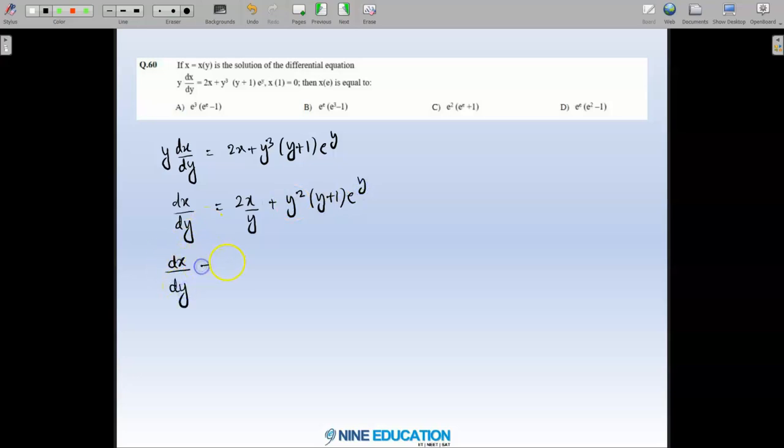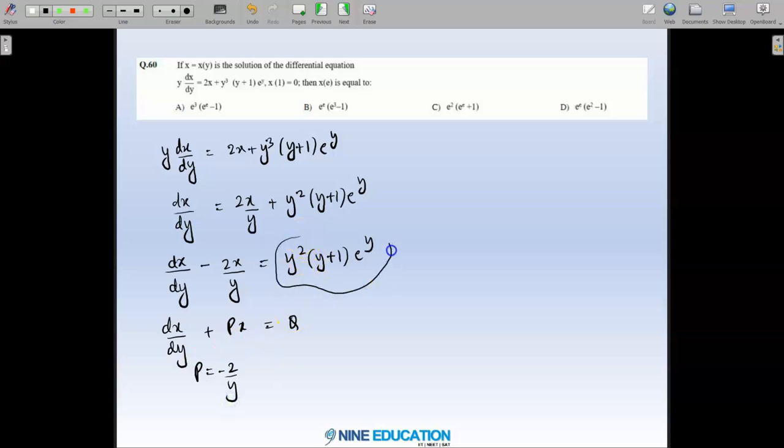It will become dx by dy minus 2x by y basically, and that is equal to, we are left with y square (y plus 1) e power y. Alright, so if we compare this with dx by dy plus Px equal to Q, P value is minus 2 by y and Q value is this entire thing.